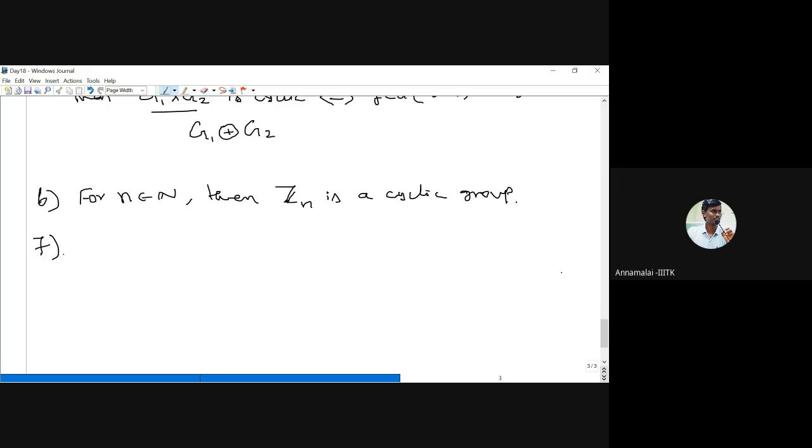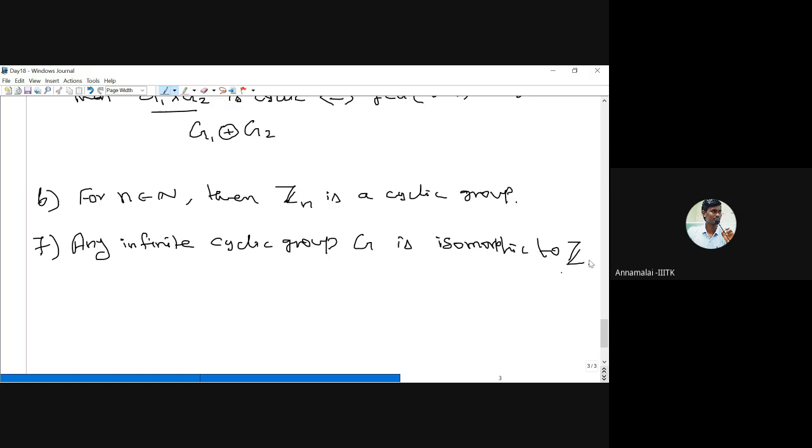So, I am sorry, any infinite cyclic group G is isomorphic to Z, the set of all integers.